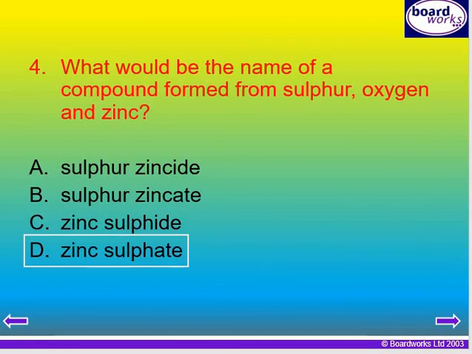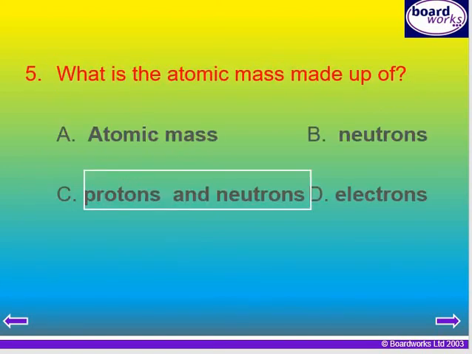Number 4, what would the name for a compound be formed from sulfur, oxygen, and zinc? It is called zinc sulphate, sulfur and oxygen. So ATE for the oxygen part is added. Right, what is the atomic mass made up of? Well, atomic mass is just a term, but it's made up of protons plus neutrons.